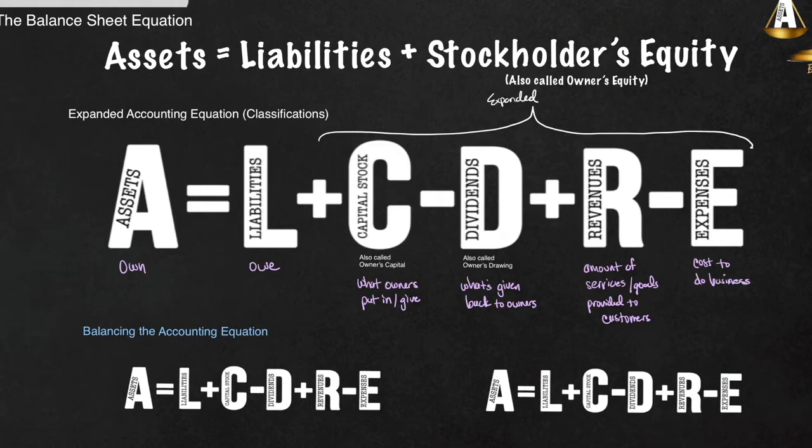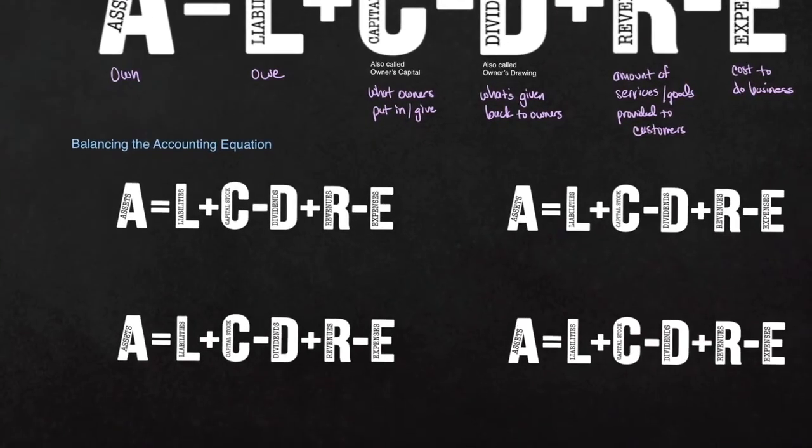Now, expenses, there's a lot of expenses because expenses is the cost to do business. And there's a lot of cost to run a business. So any cost related to running a business is considered expenses. Please go over those definitions, make sure they're clear, because it's really important when we analyze transactions.